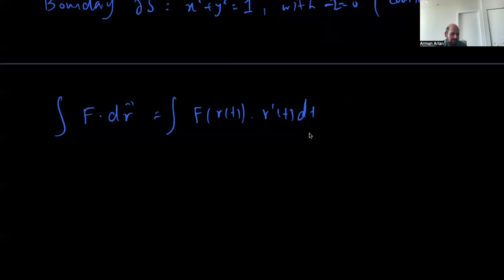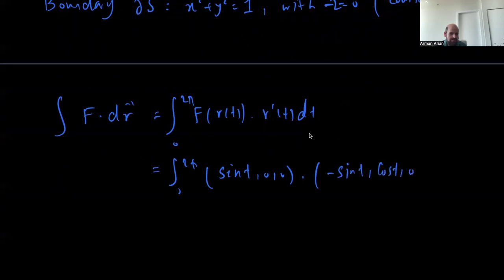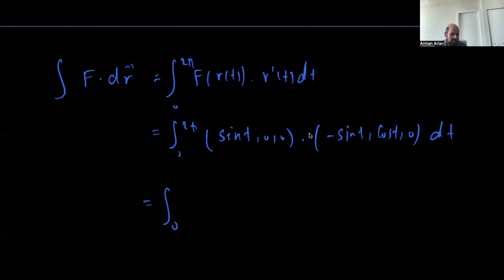This will be the integral from 0 to 2 pi, and then the y value is sine t. F was y, 0, 0, dotted with r prime, which is minus sine t, cos t, and 0, dt. Then this will be the integral from 0 to 2 pi of minus sine squared t dt.